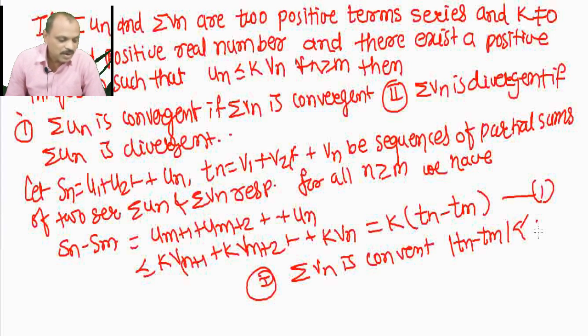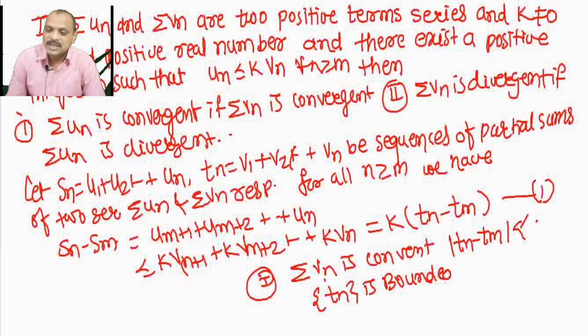So vn is convergent, so its partial sum is also bounded. If Tn is bounded, that means Tn is less than or equal to capital B for all n. And then the relation shows the following.